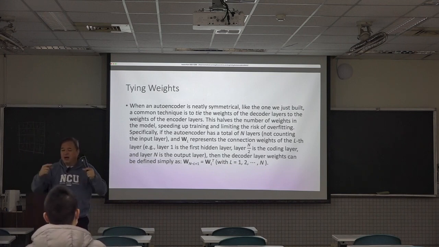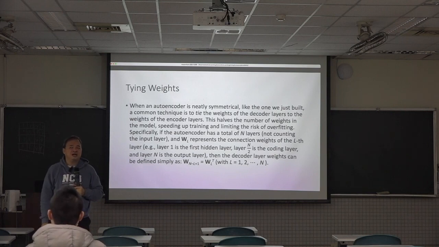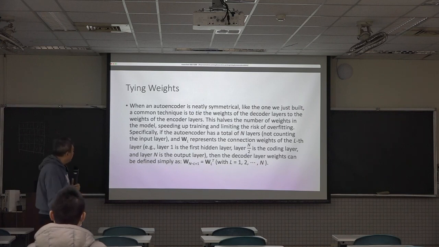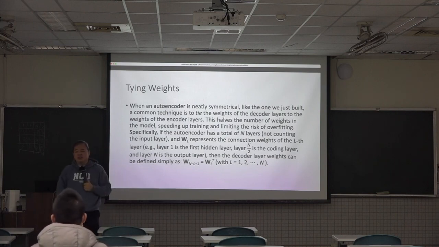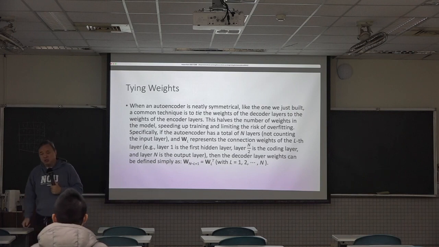So these two parts function exactly opposite. Because they work exactly opposite, not only do the encoder and the decoder look symmetrical, as I just told you, you can actually tie the weights together.